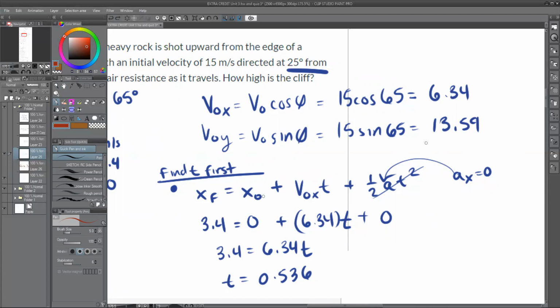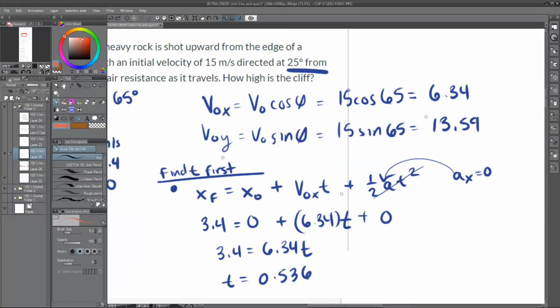I know we just said we have to solve for height, but we can't do that unless we find t first. So we can find t by plugging into this equation of x. We know the x final is going to be 3.4. x initial is 0 because it's just the origin. We just solved for Vox, so we plug that in there.